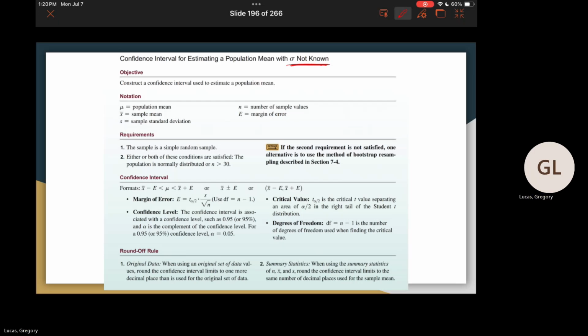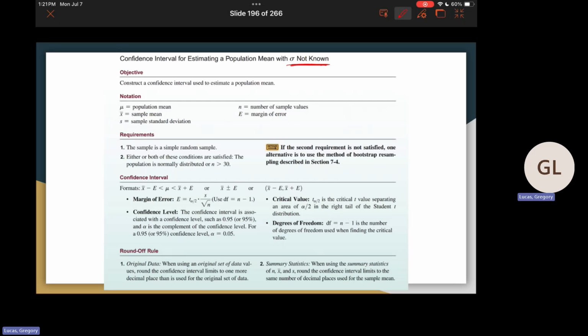All right. And now the actual confidence interval. We're going to format this as x bar minus the margin of error, and then x bar plus the margin of error. And then the mean will be somewhere in the middle of those two values. And the margin of error e is we're going to use a critical t value times s divided by the square root of n, and we're going to use degrees of freedom of n minus 1.